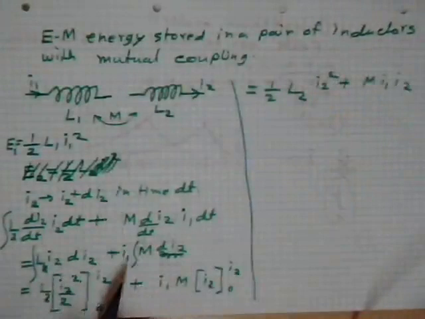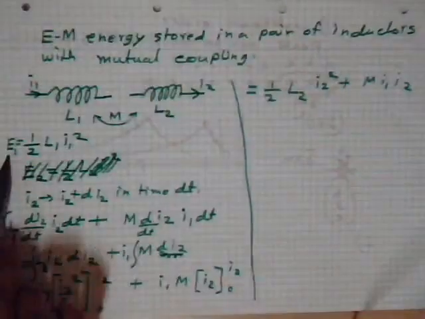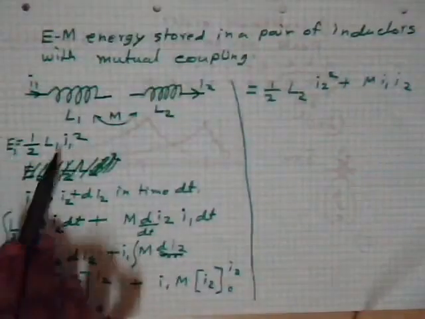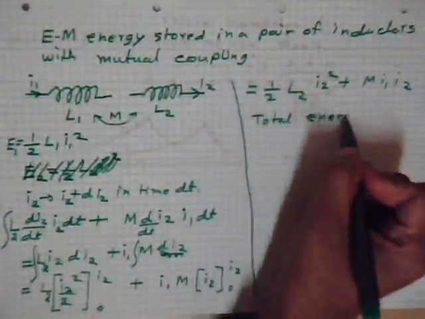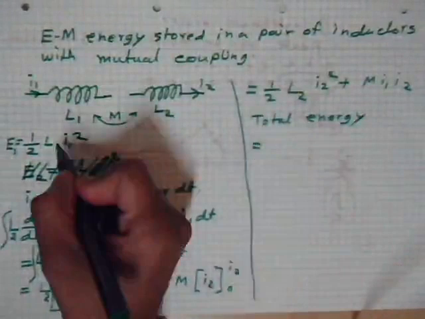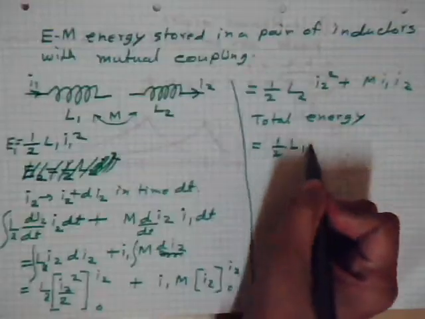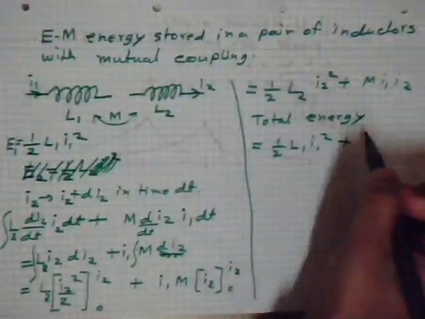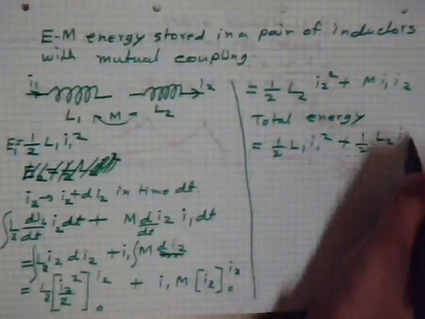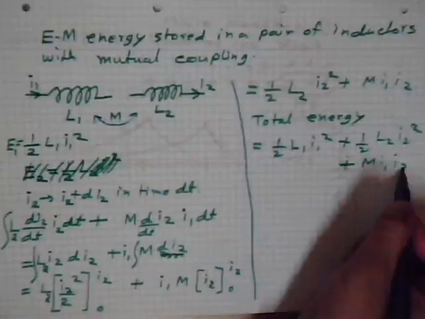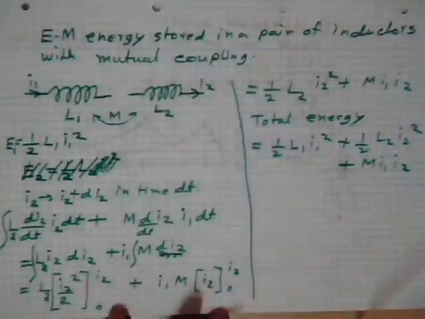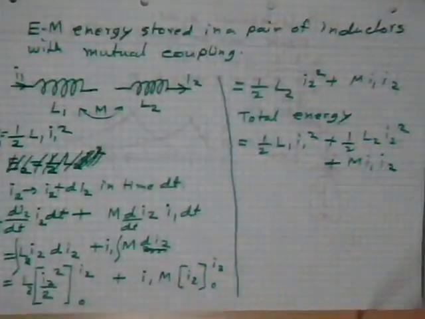So this is the energy required in the second phase, and the energy required in the first phase was this. So the total energy is equal to half L1 I1 square plus half L2 I2 square plus M I1 I2. Okay, good. Now some notes on it.